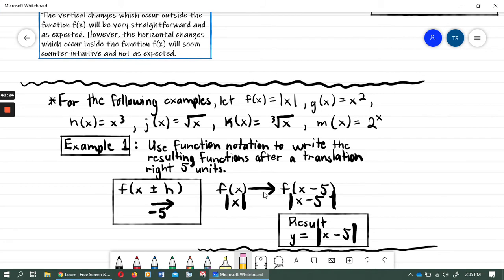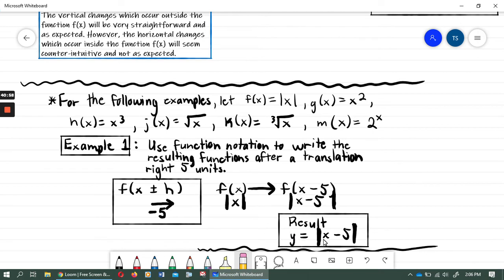And so if we're going to transform that and put in this particular translation of right 5, that means that we're changing the inside, so the inside of it is not just x, but now we're subtracting a 5 on the inside along with the x. So now the result for going right 5 should look like this: y equals, or f of x. Well, and again, I'm not putting f of x so that I won't confuse you.